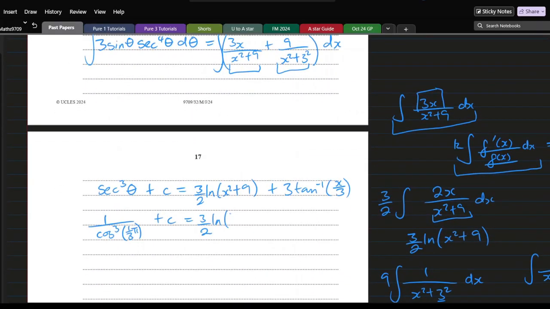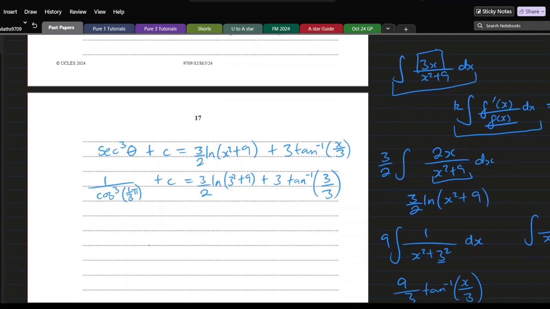So that's 3 squared plus 9, plus 3 arctan of x, which is 3.